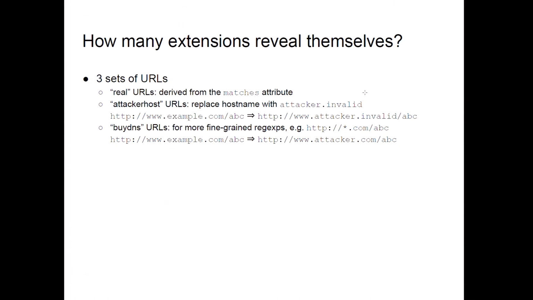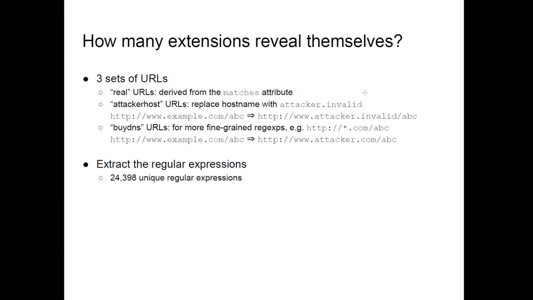And similarly, we also have the by DNS URLs. If you have, for instance, star.com/abc, naturally attacker.invalid/abc will not trigger that extension in any way because it will not match that regular expression. So then an attacker might have to buy a host name for it to become active.